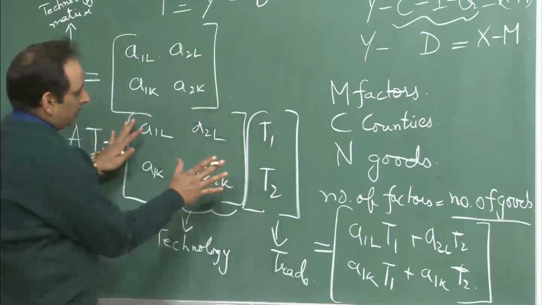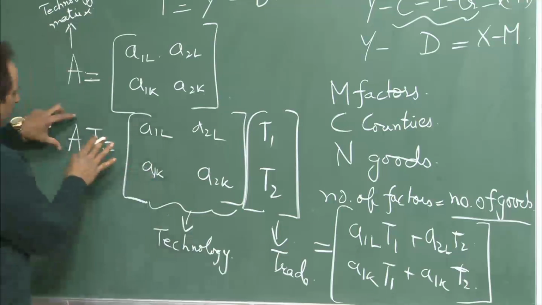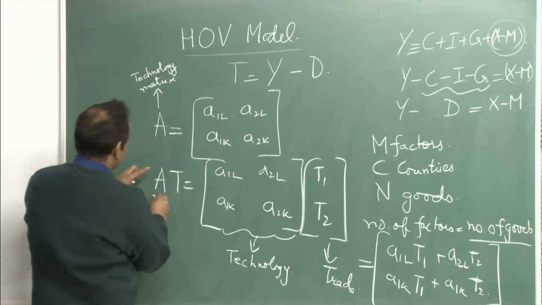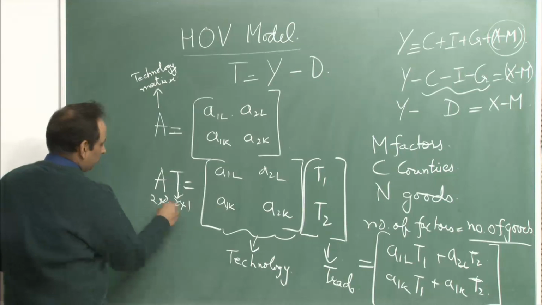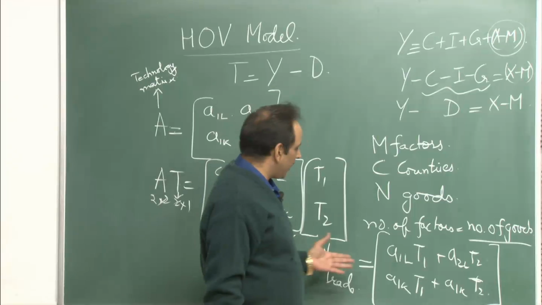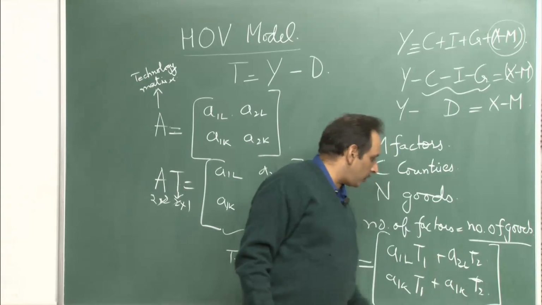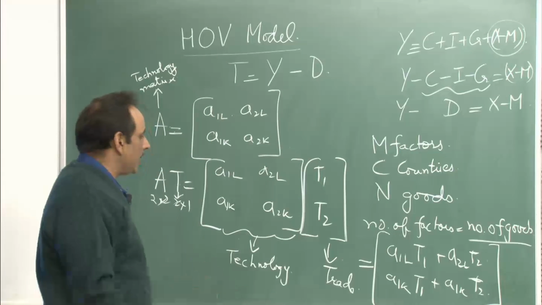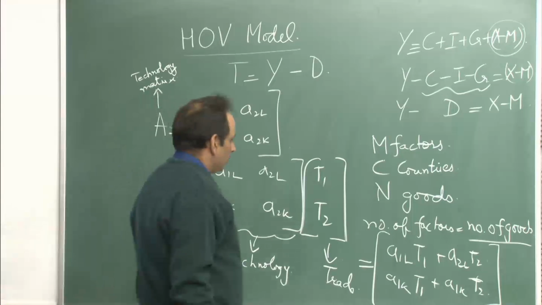So, this is just for depicting what the resulting matrix AT is. A here is 2 rows 2 columns, T is 2 rows 1 column. So, the resulting matrix is 2 rows 1 column, but what you get on the left side is the total labor required for the trade of the net exports of the two goods.